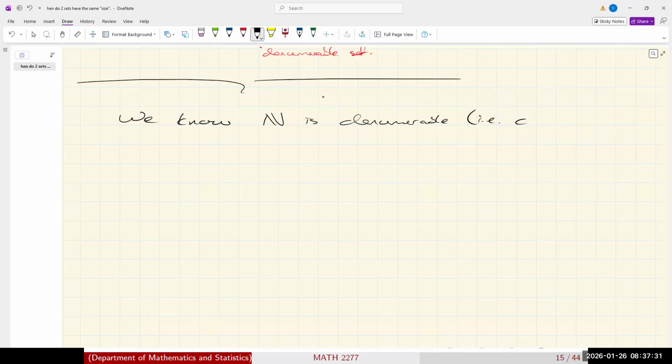So therefore it is countable. Countable means either denumerable or finite. Of course, N is not finite, so it must be denumerable. What we're going to show is that not only is N denumerable, N cross N is also denumerable.